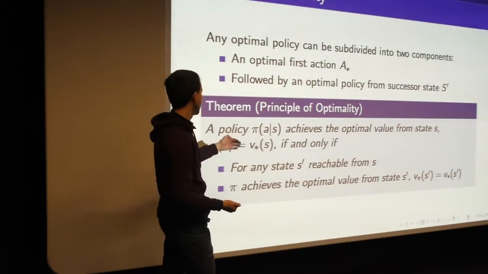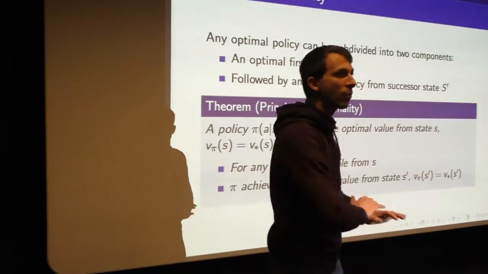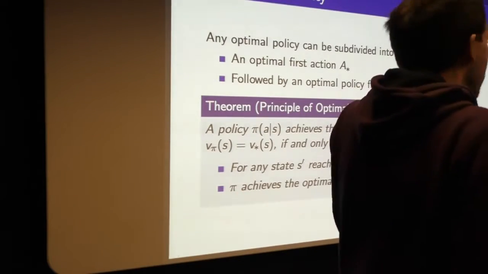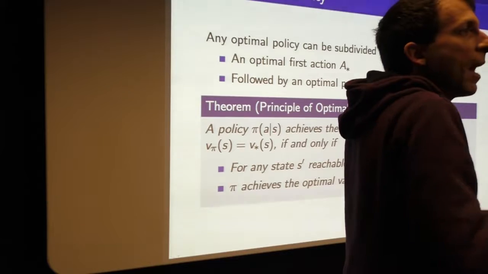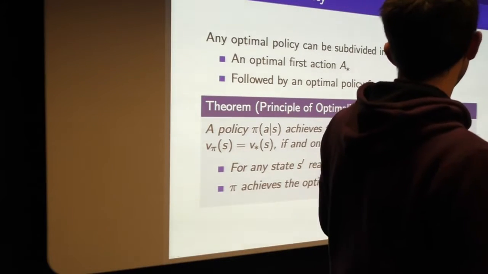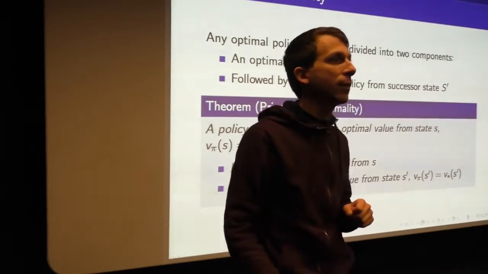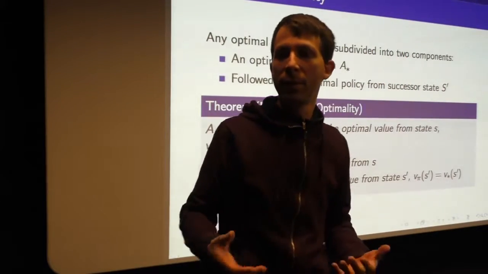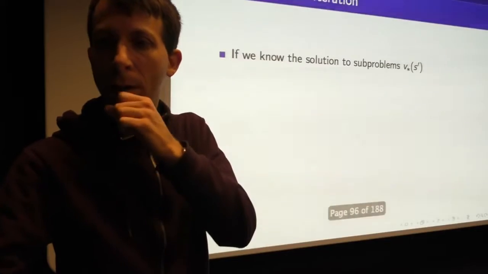So a policy is optimal if for each state that the wind might blow us to, that policy would behave optimally from that state onwards. That's a requirement for optimality.